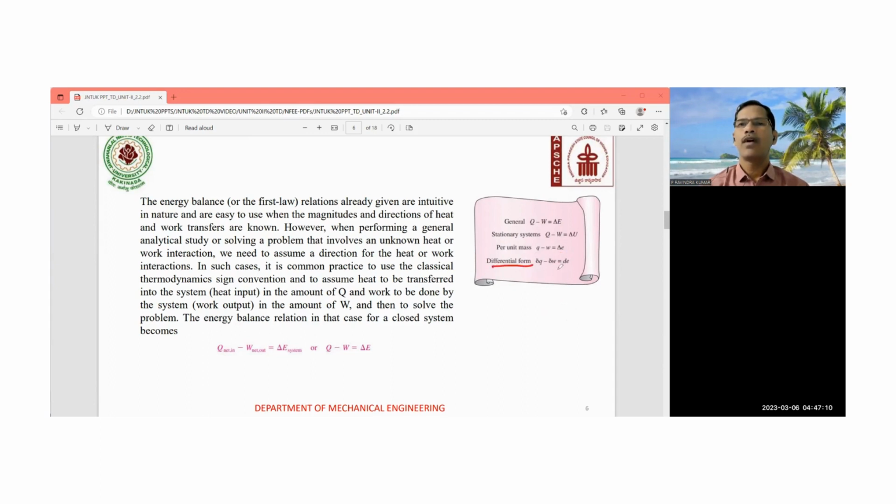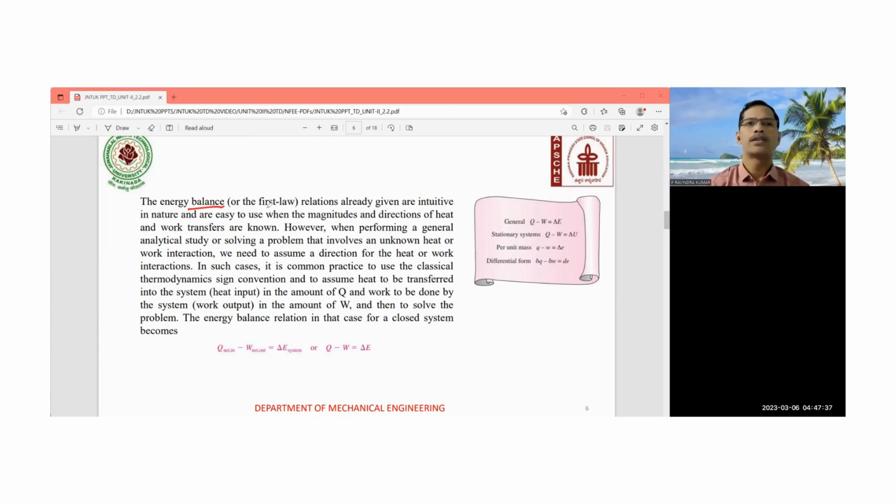In a differential form, this is expressed as d bar q minus d bar w is equal to de. This is the differential form.